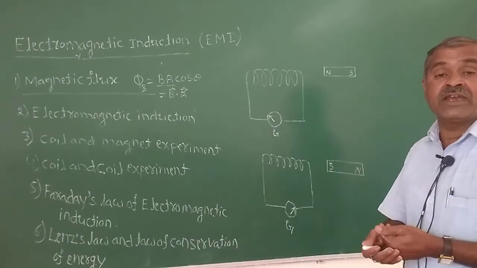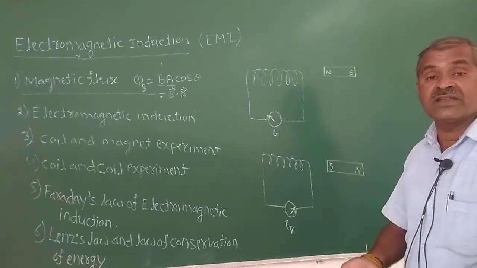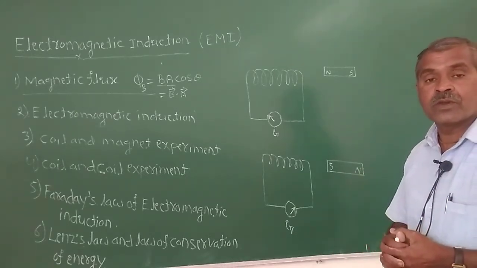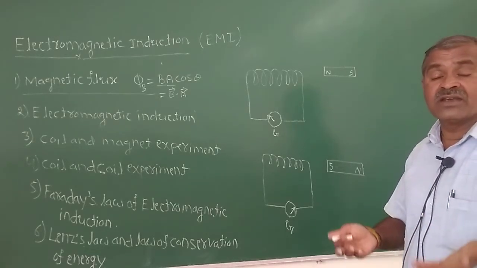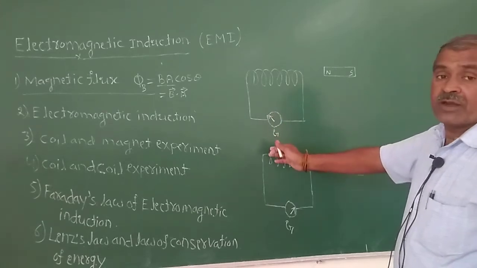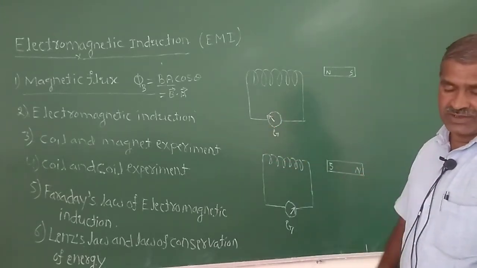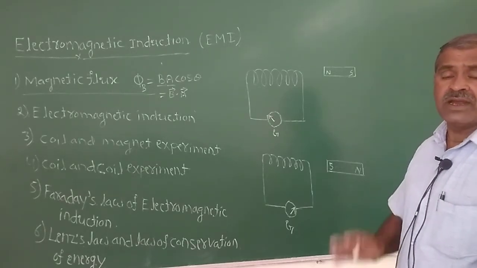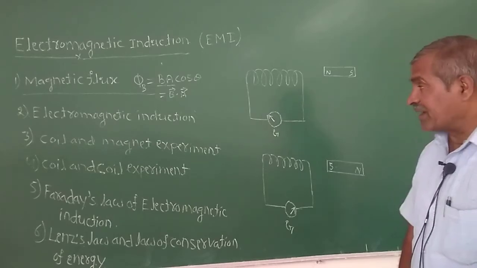The change in the magnetic flux is more, so more EMF is induced in that coil. So more induced current is set up in this coil. Therefore, the galvanometer shows more deflection. Clear? Okay?